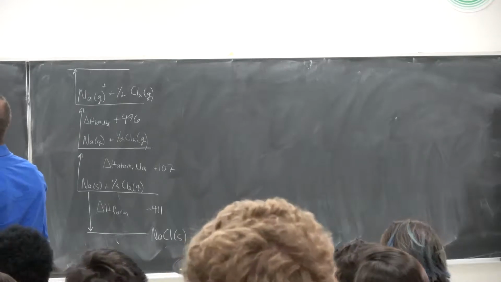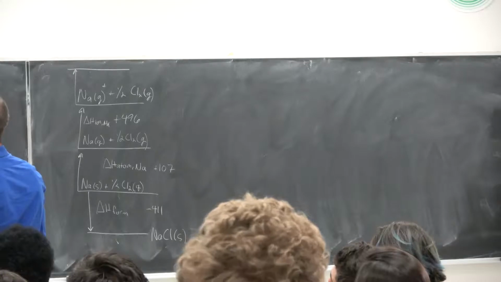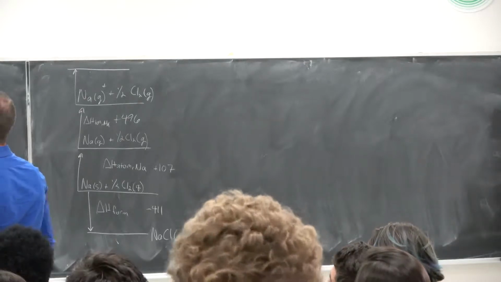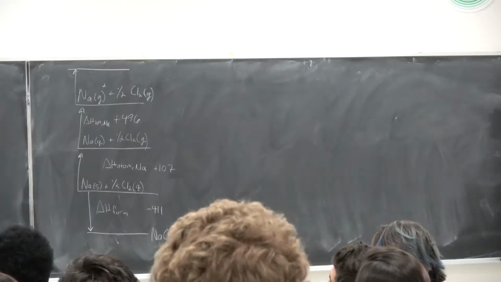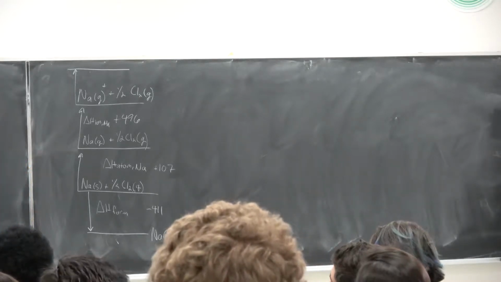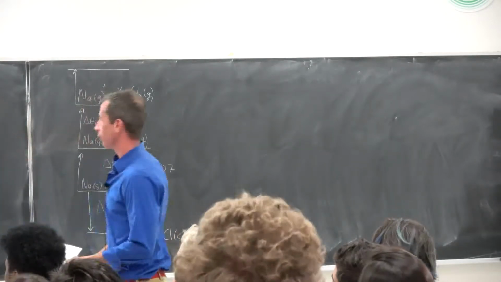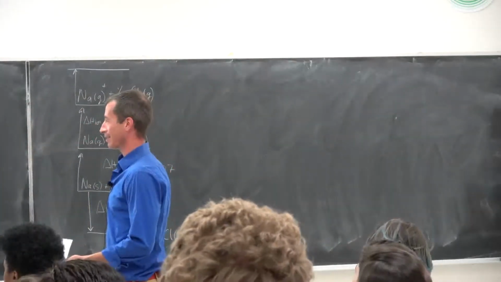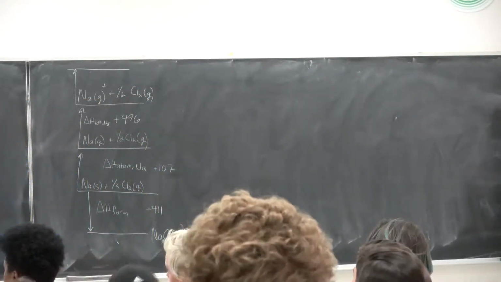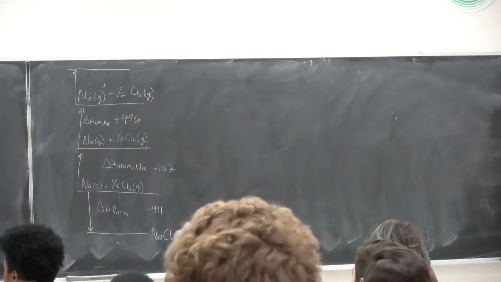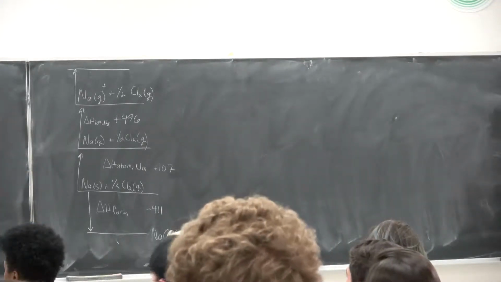So right here it says delta H atomizing chlorine, but then down here delta H dissociating is how we. So I'm guessing this is dissociation right here. Yes. Hold on. We're going to atomize it. Well, yeah, you're right. This is dissociation because it's already in gaseous state. So that should be dissociation.